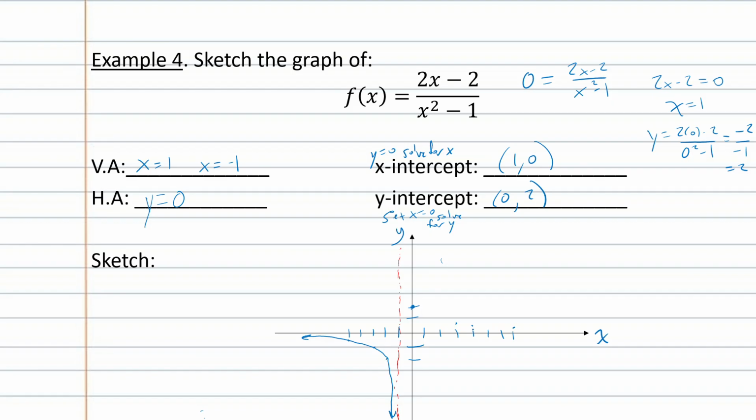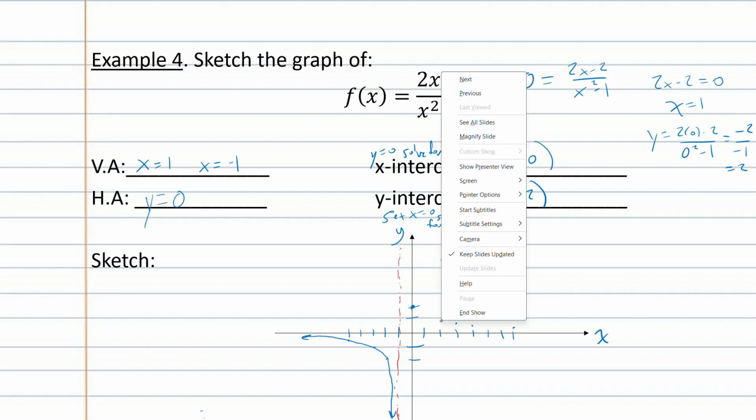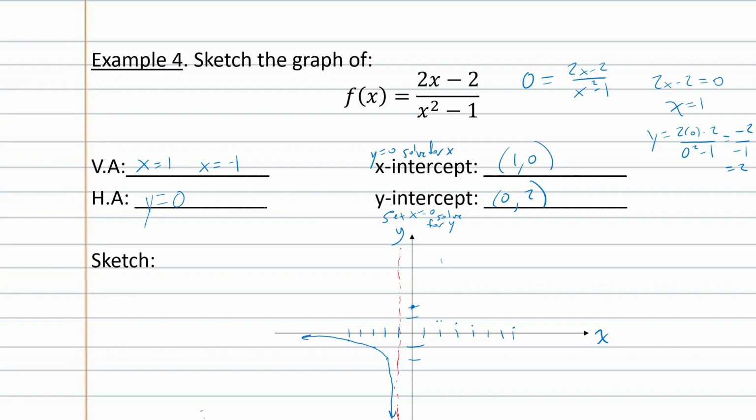If we came all the way up to 2, I think it was 0.666 repeating, which is a little bit more up here. And keep in mind here that there was a gap at 1, right? And we also know that we had the y-intercept here at 0, 2. We already have it plotted. So what it came to be was something that looked like this, but it has a hole in it right there.